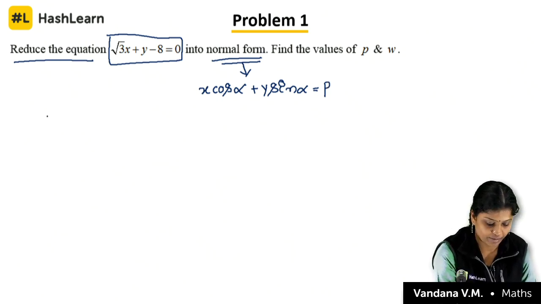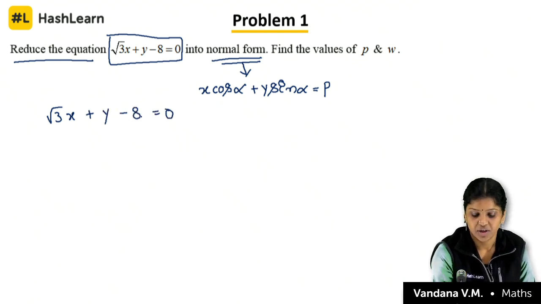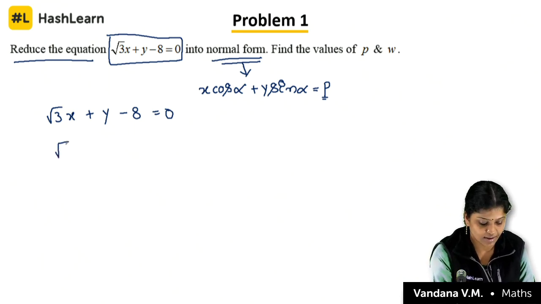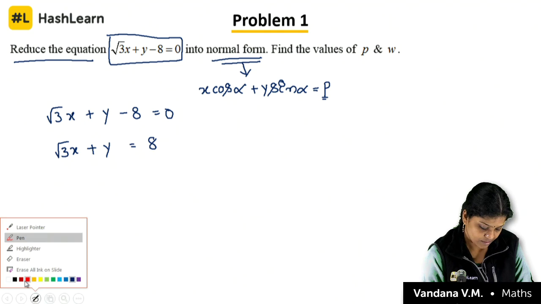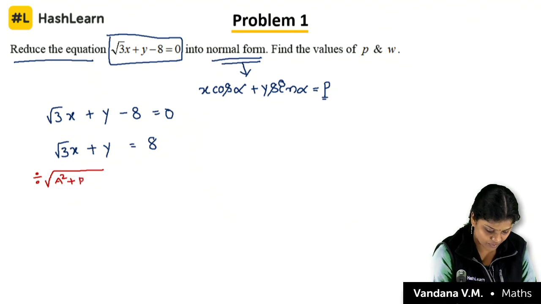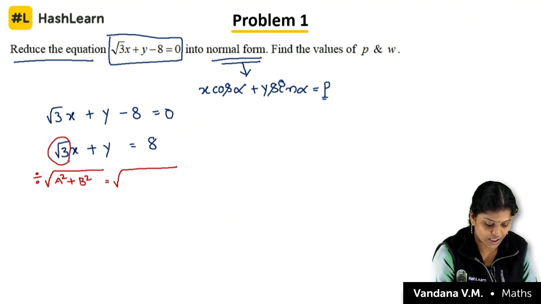First, whatever they gave, let me write. This is the given equation, with something equal to a constant, so please send that constant to that side. Root 3 x plus y is equal to 8. Now, what did I say? The next step is dividing with root of a square plus b square. Here, what is your a value? This is your a value.